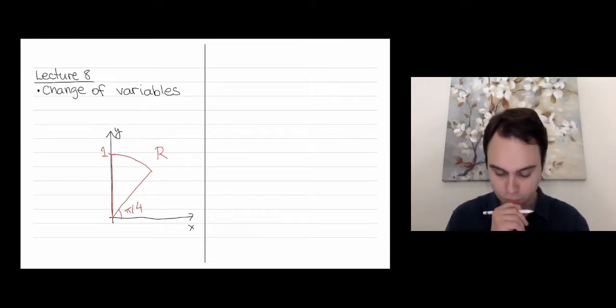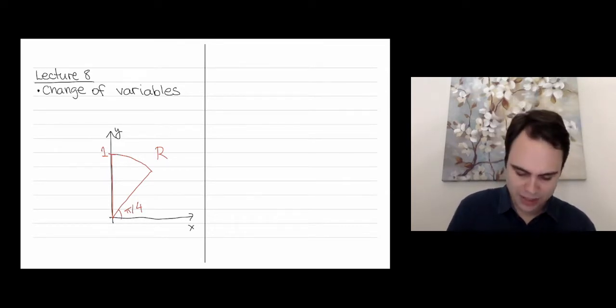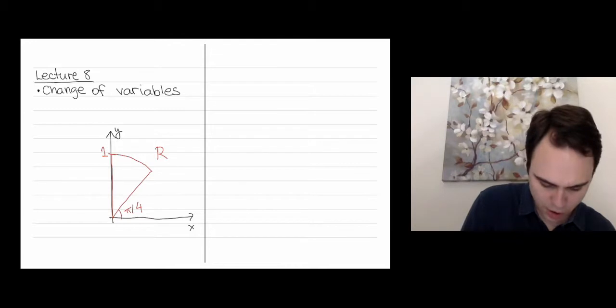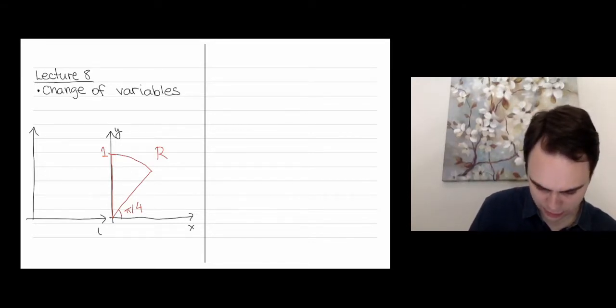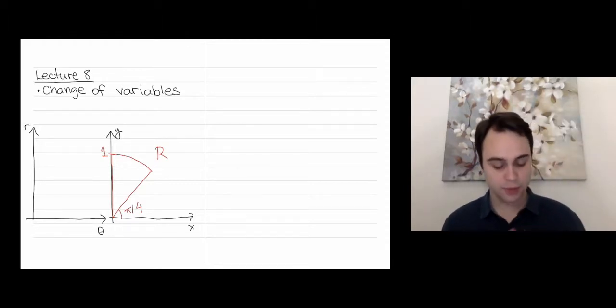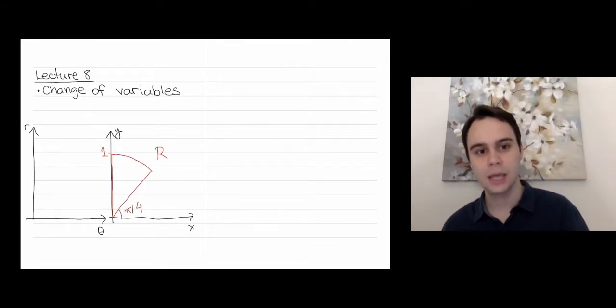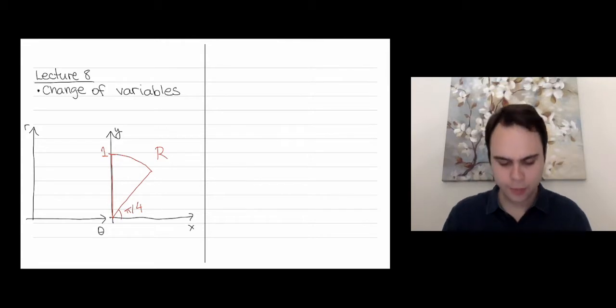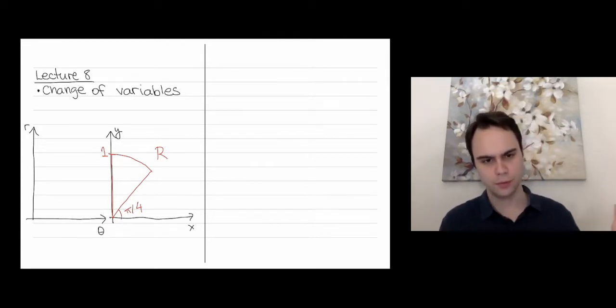Now when we set up a double integral over this pizza slice, often we will want to change coordinates to polar coordinates. So here are polar coordinates r and theta. Often we'll want to, instead of doing the double integral over R, evaluate a double integral with certain bounds for r and theta, right?